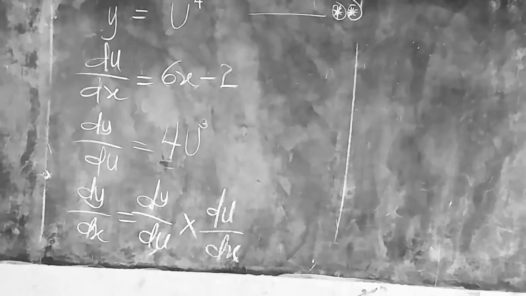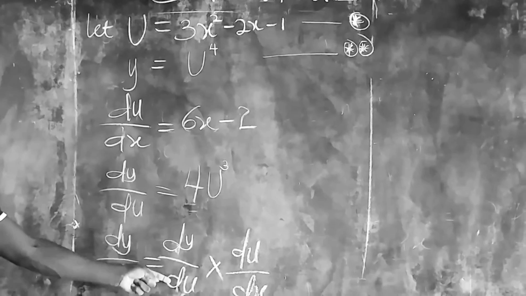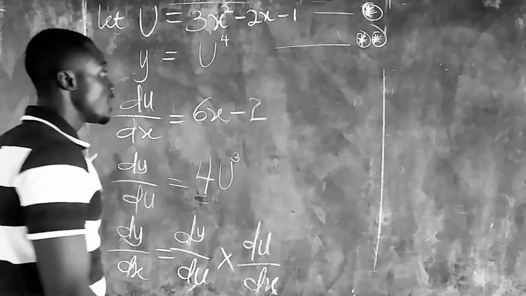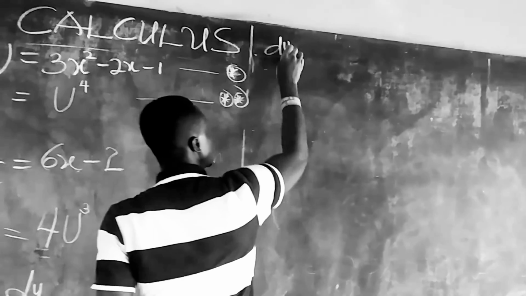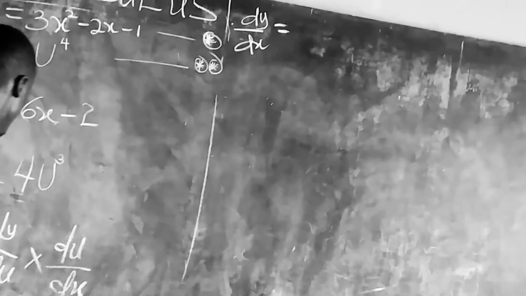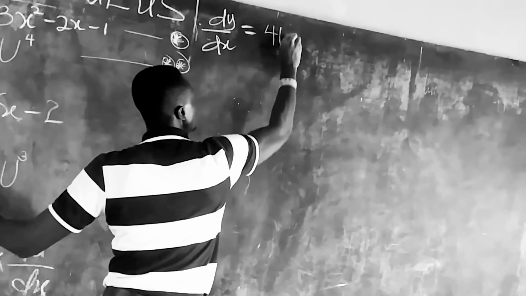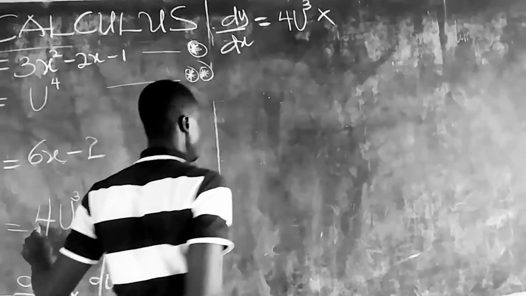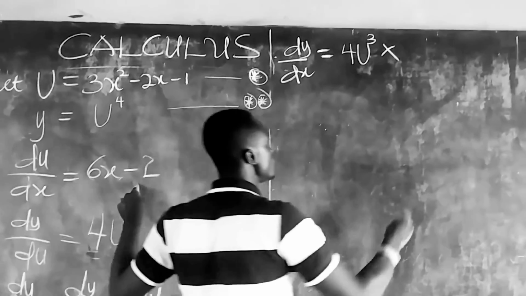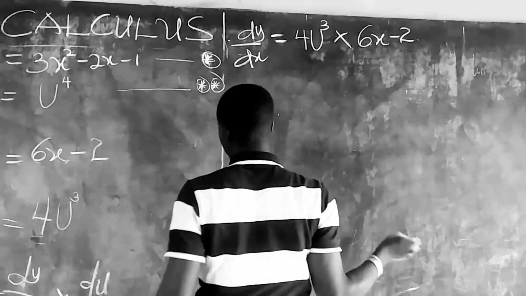Now, what is dy du? dy du is 4u cubed. So your dy dx is equal to 4u cubed times your du dx, 6x minus 2.